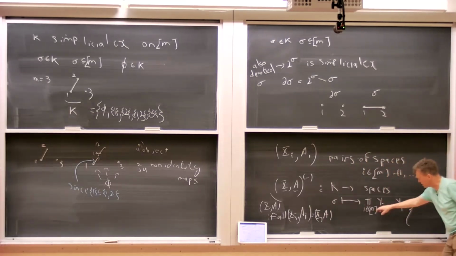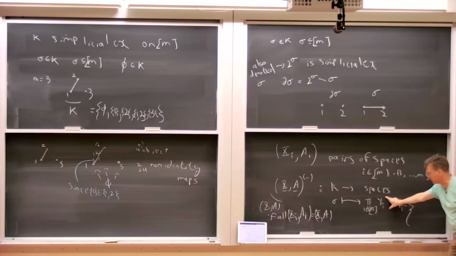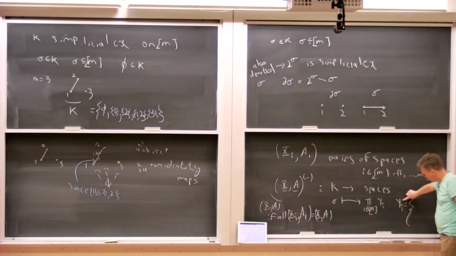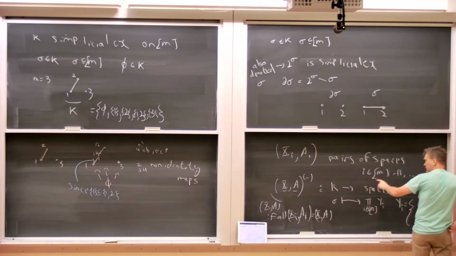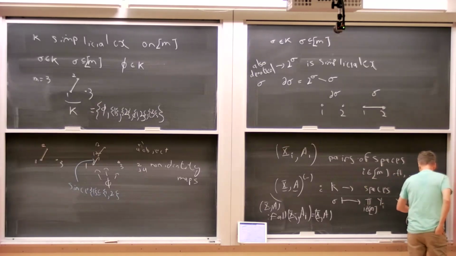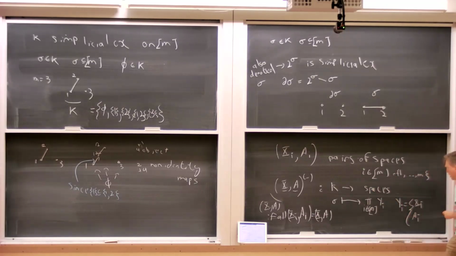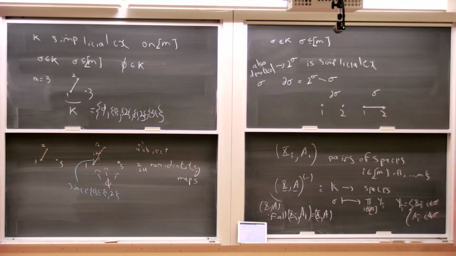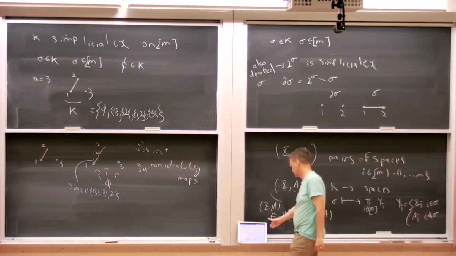Here there's no dependence on sigma in the product, but the dependence on sigma is in the Y_i. So Y_i is either X_i or A_i, depending on whether i is in sigma. It's X_i if i is an element of sigma, and A_i if i is not an element of sigma. And this is exactly the definition that Martin gave in the last lecture.